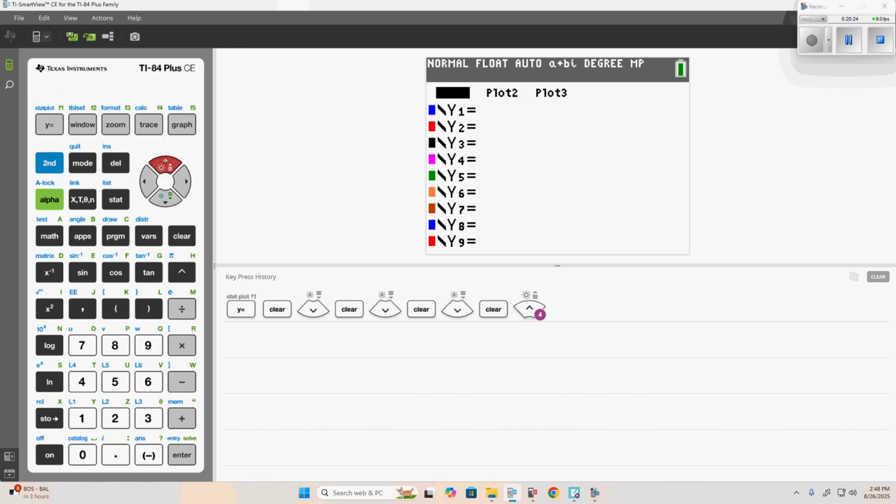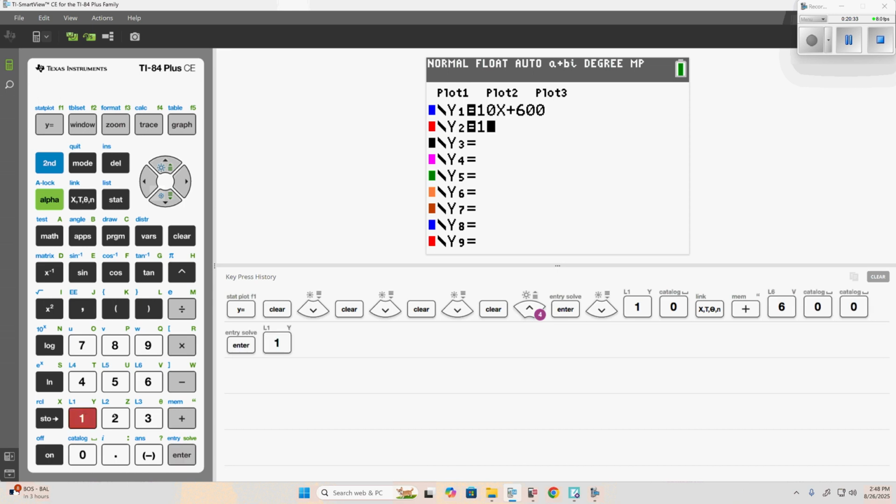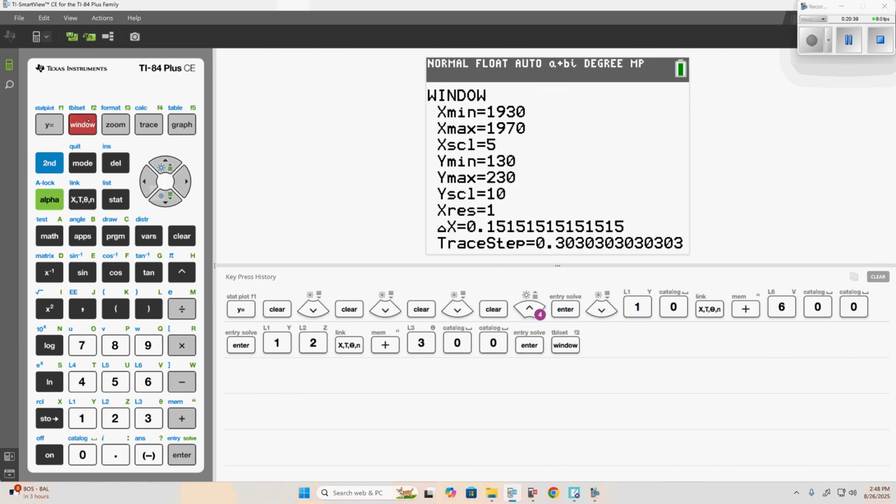Clear all that out. Turn that off. So our first one was 10x plus 600. Our second one we found was 12x plus 300. Window.